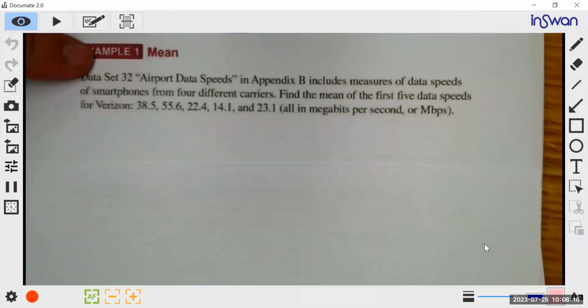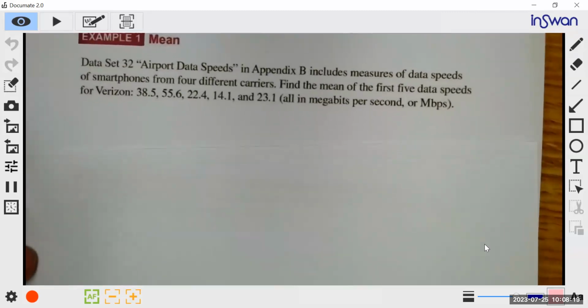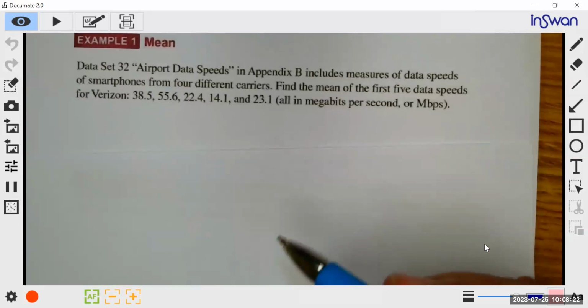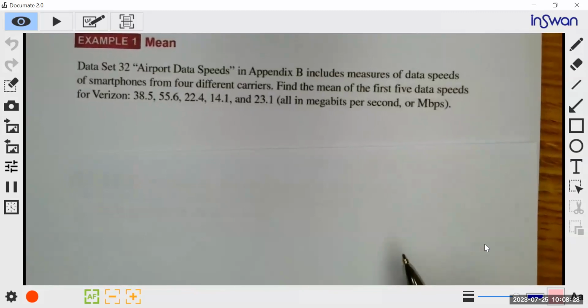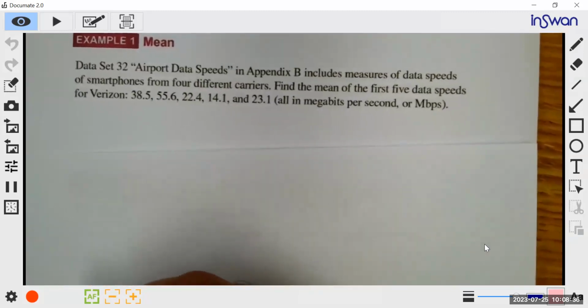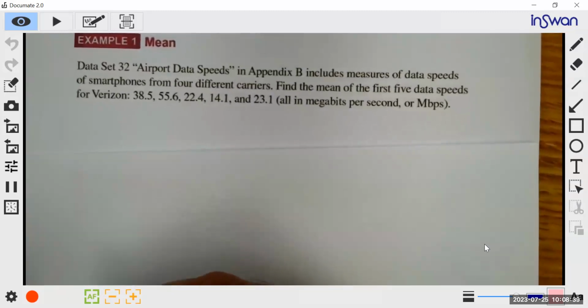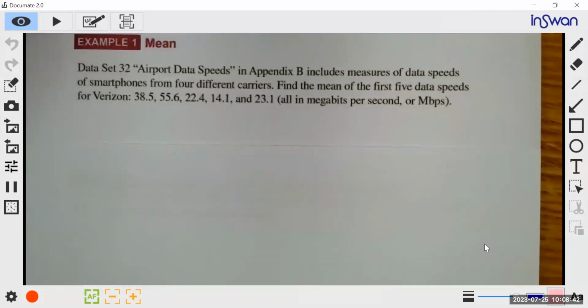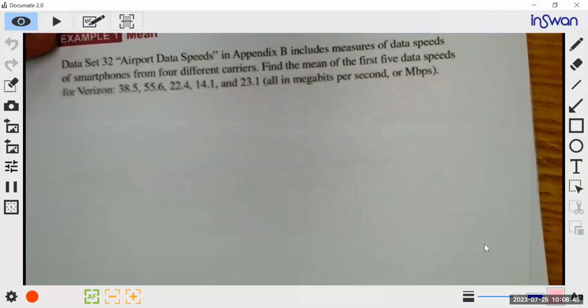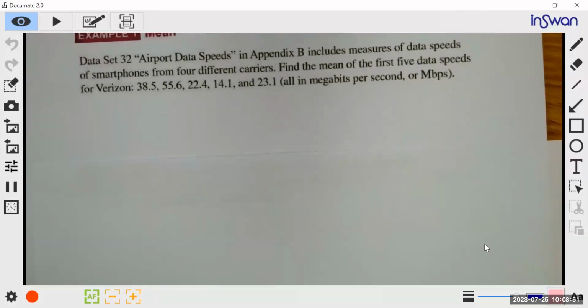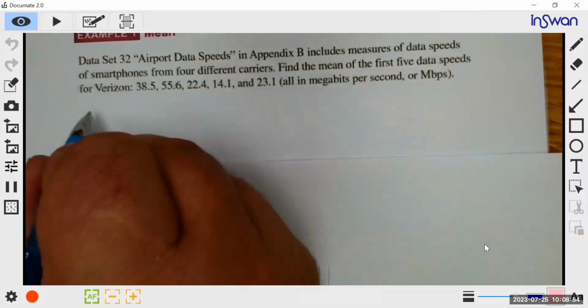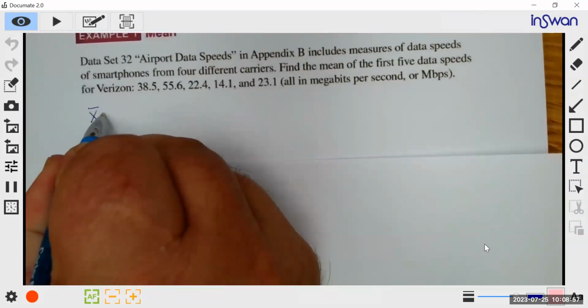In data set 2, the airport data speeds, find the mean of the first 5 speed data of your cell phones on Verizon. Find the mean. So how do you find the mean?